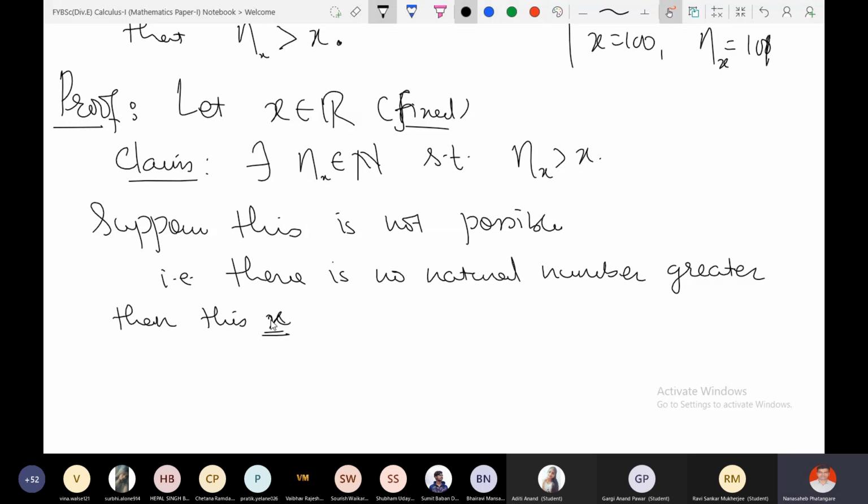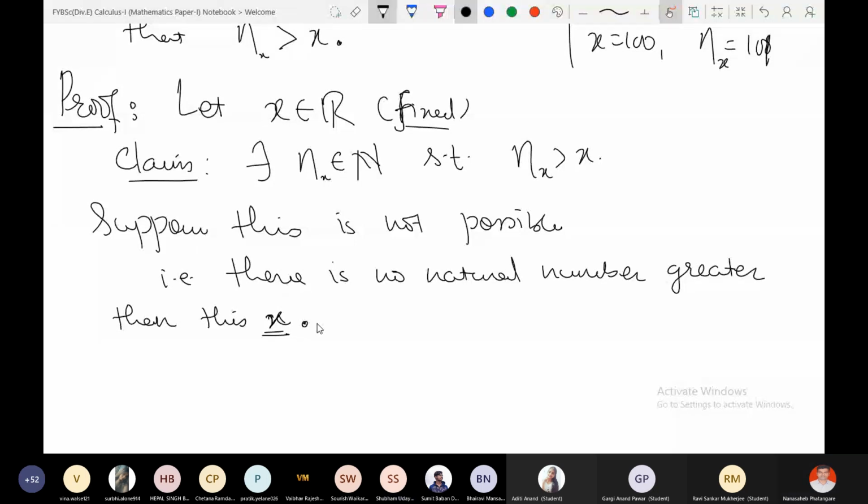Our statement is that for every x we can produce a natural number greater than that x. Suppose for this particular x there is no natural number. If we assume this, then we'll get some contradiction, and then we'll accept that there is no such x for which there is no natural number greater than that x. So there is no such x means for every x there is a natural number greater than x, right? Do you understand logically what I want to say?